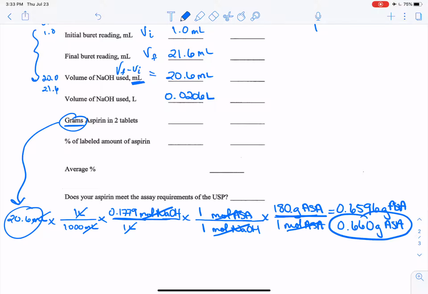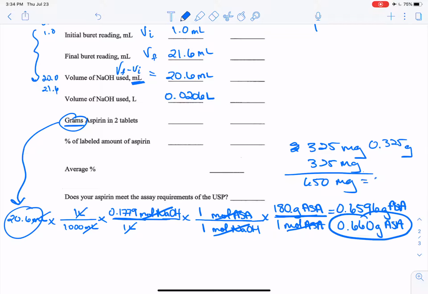Now, that sounds really good because in general, each one of your aspirin pills is about 325 milligrams, which is 0.325 grams. So if we have 2 of those pills, what we're going to get is 650 milligrams, which is equal to 0.650 grams.